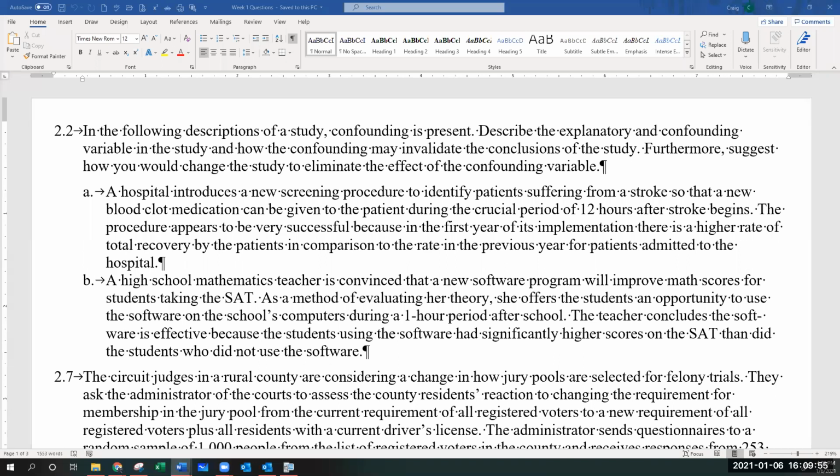I said, well, these aren't variables, these are more questions, and that's where I struggled. For A and B, I had questions, not technical variables: are the patients presenting to the hospital within the 12-hour window? Second, is the actual time of the stroke unknown, as this is a self-reporting event? Third, it is unknown if the patients from the previous year received a comparable treatment within the 12-hour window.